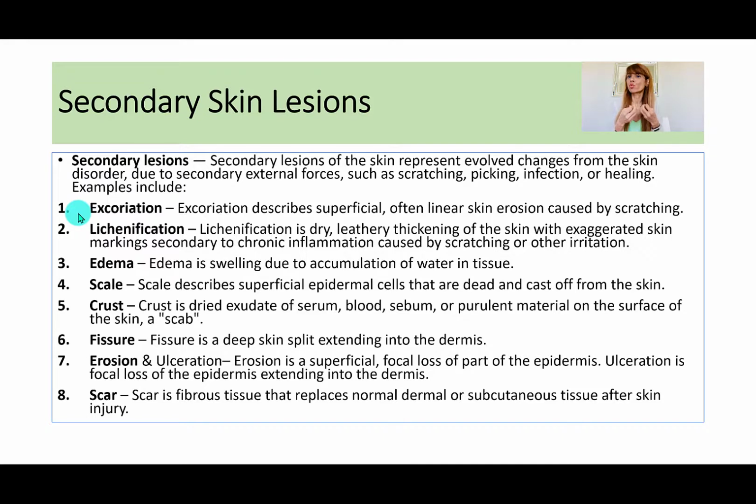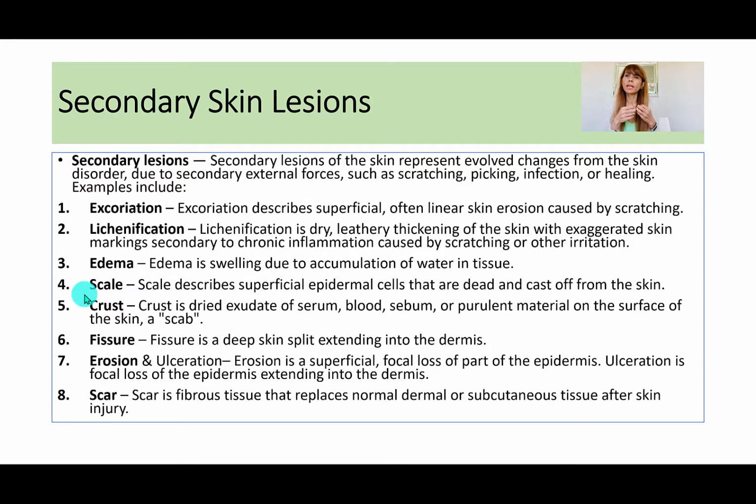Edema is just swelling of the skin, and that can happen as a result of water retention or fluid retention in the soft tissue. Scale is just superficial epidermal cells that kind of come off and are cast off from the skin. Crust is dried exudate, and it can be from serum, blood, or things like that.